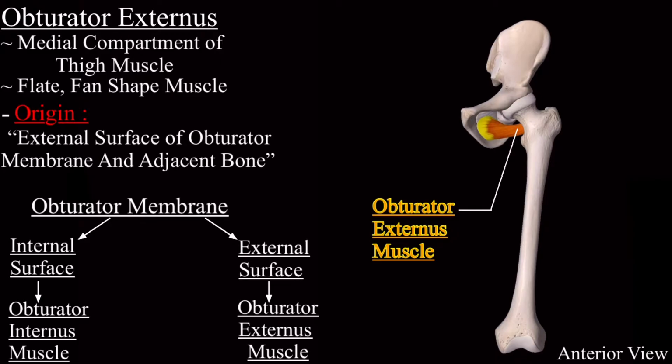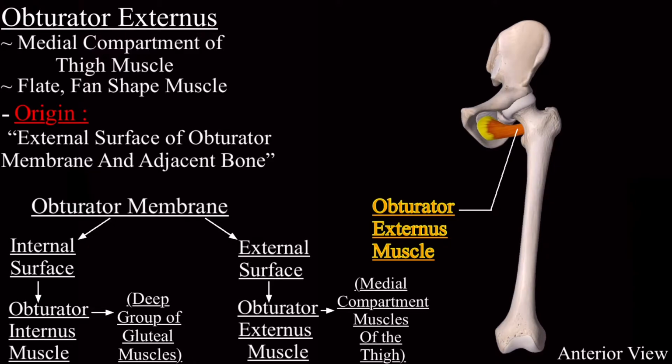Also, the obturator internus muscle is part of the deep group of the gluteal muscles, while the obturator externus muscle is part of the medial compartment muscles of the thigh.